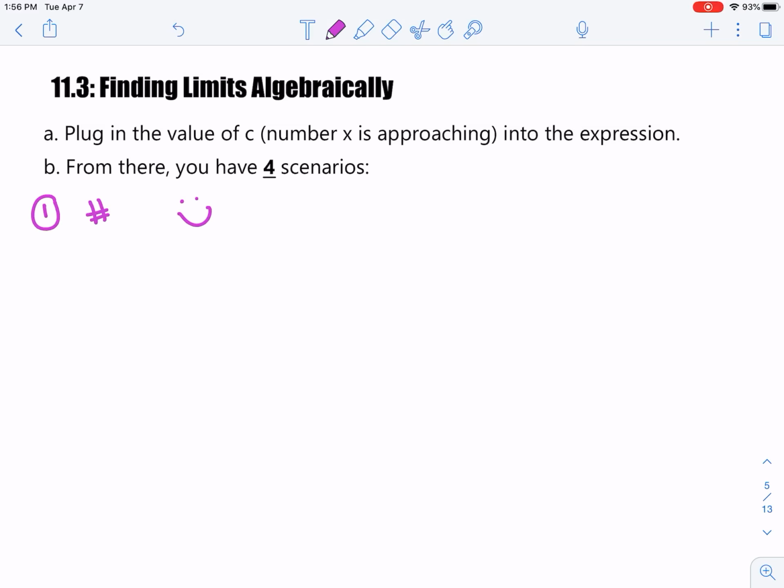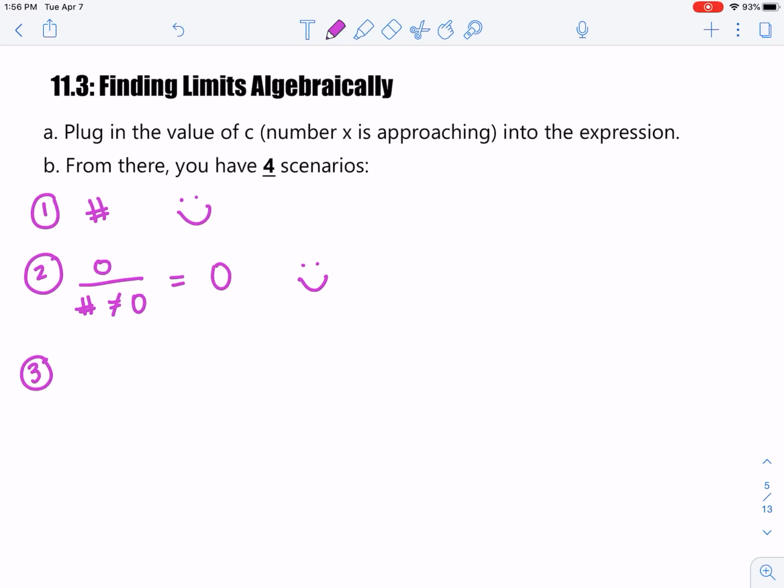That's your answer. Okay. The second scenario is maybe you get 0 over some number that's not 0. Right, so like 0 over 5. Well, that's actually just a subset of scenario number 1, right? This is equal to 0, so my answer is 0. Yay, done.